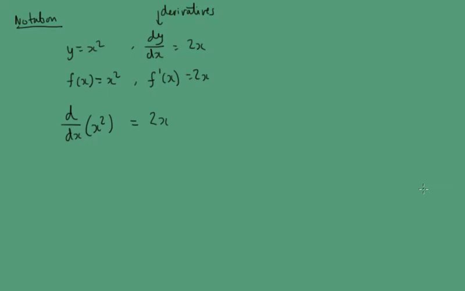Now, let's consider some power functions. We've already done x squared, so what if we have d by dx of x cubed? Well, that would be 3x squared. And d by dx of x to the power 4 would be 4x cubed.